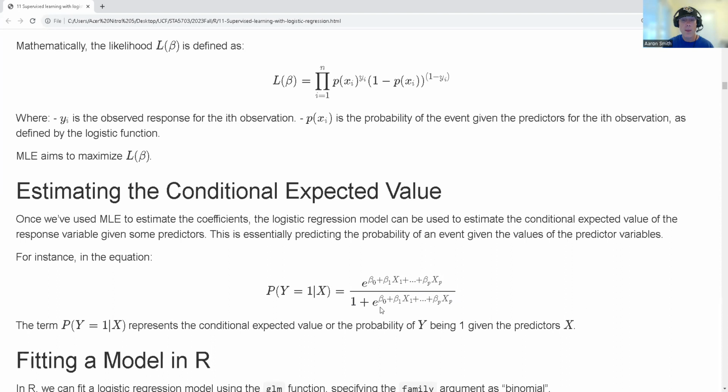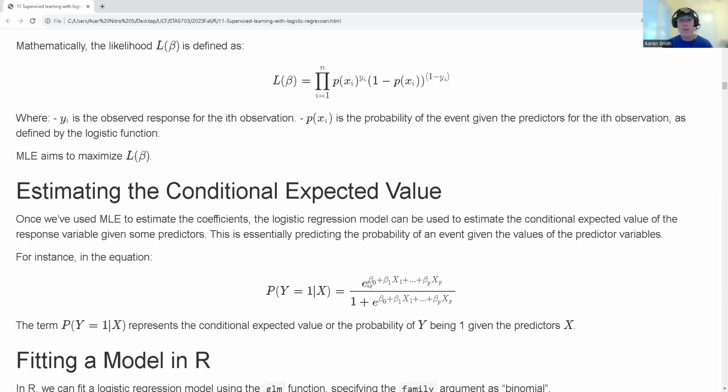So I get something close to 0 divided by something that's just a little bit bigger than 1. Well, 0 divided by anything is 0, right? So the whole thing is close to 0. So if I have an extremely negative linear combination, I'm going to get probability close to 0.